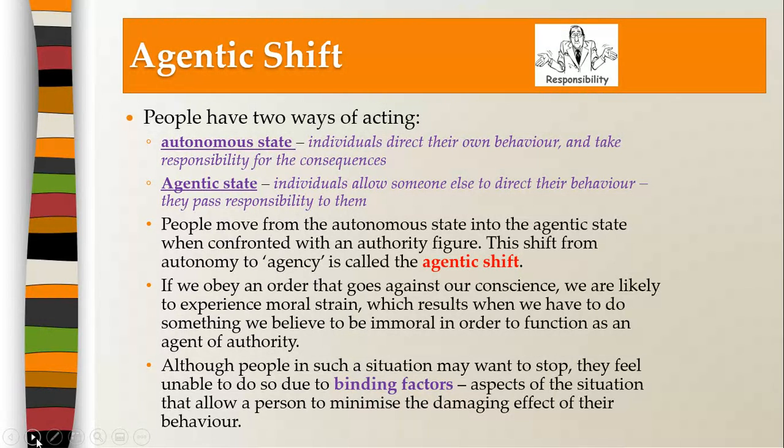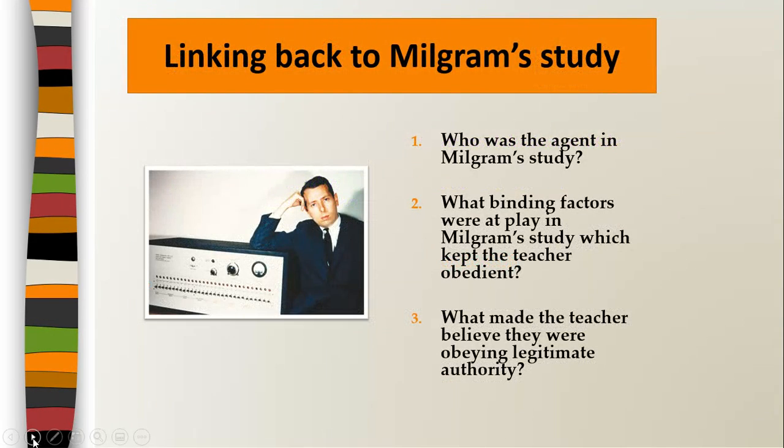In Milgram's study, the verbal prods act as binding factors. So an autonomous state is our normal state where we take responsibility for our own actions. An agentic state is where we feel like we're acting on behalf of somebody else and they're responsible for any consequences. And when we move from an autonomous state into an agentic state, we're doing this through an agentic shift.